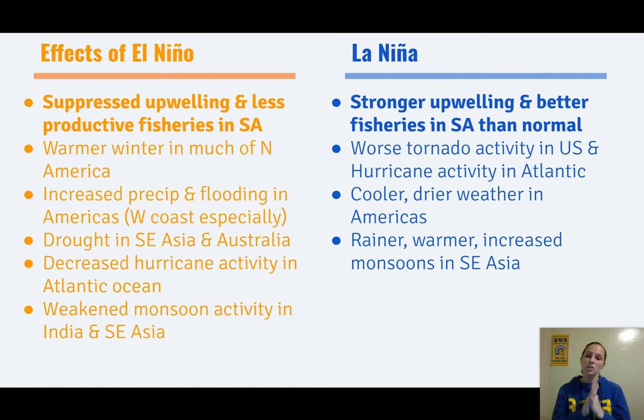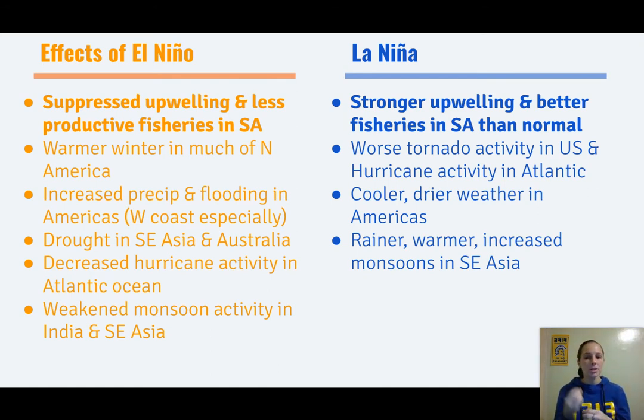But what we are going to get is warmer winters in much of North America. So if you think of maybe years where we did not get any snow, it was warmer, it was kind of rainier, that probably was an El Nino year. It's going to lead to increased rain, but also increased flooding in the Americas, especially the west coast of North and South America.